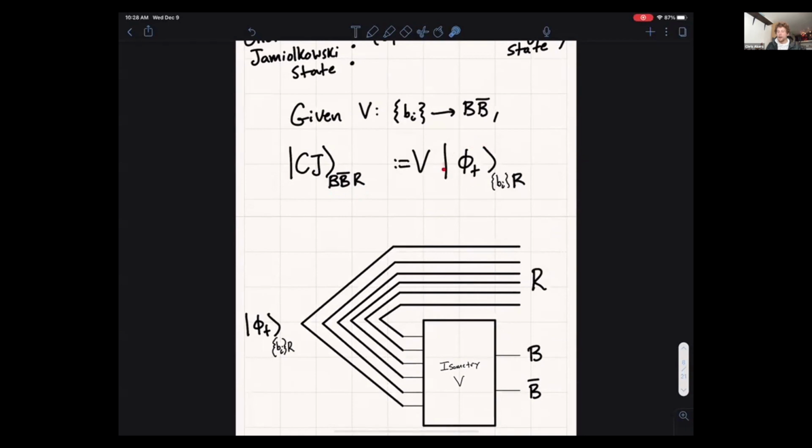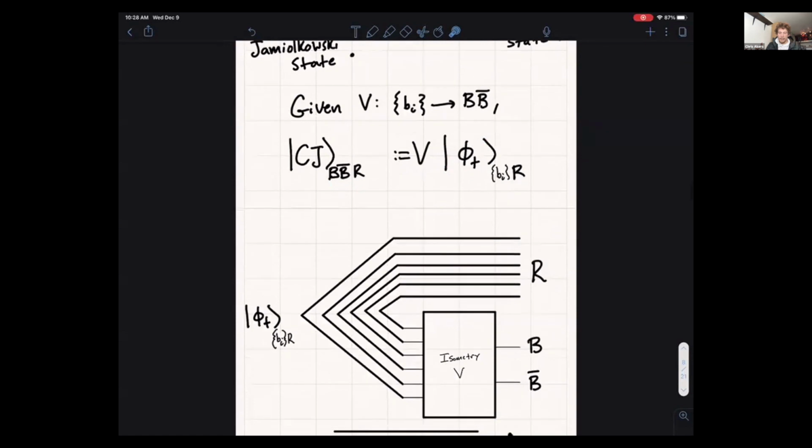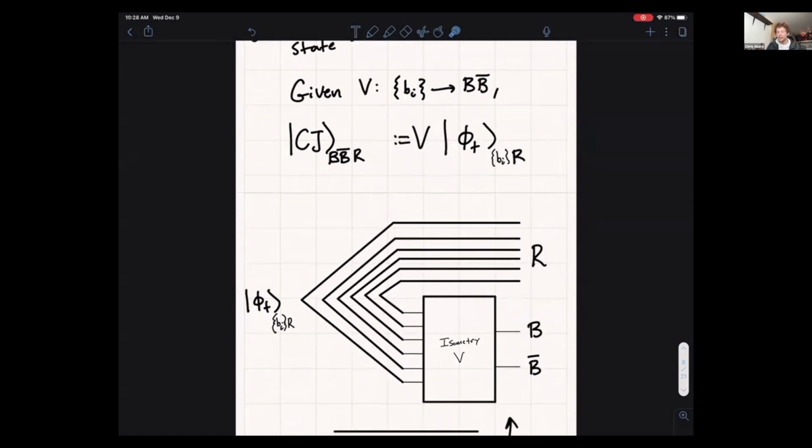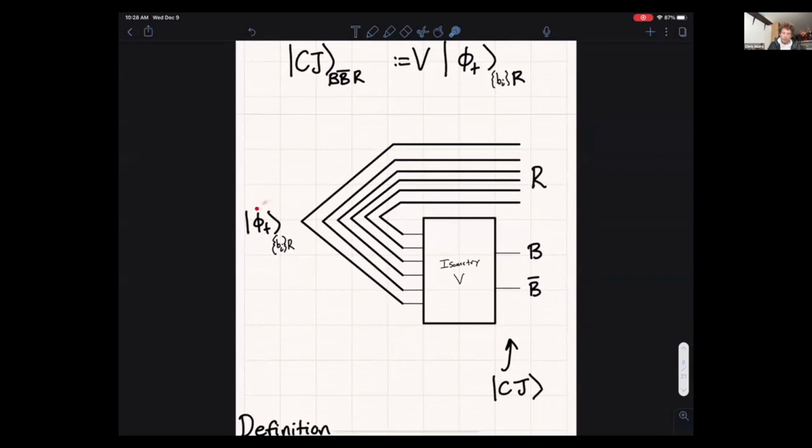Take a maximally entangled state between the inputs and the reference, and you act the isometry, which of course just maps these input legs to the output legs. Pictorially, you took this maximally entangled state, took half of it, and put it into the isometry. The other half you kept around for the reference, and what you get on these output legs and the reference is the Choi-Jamiołkowski state.